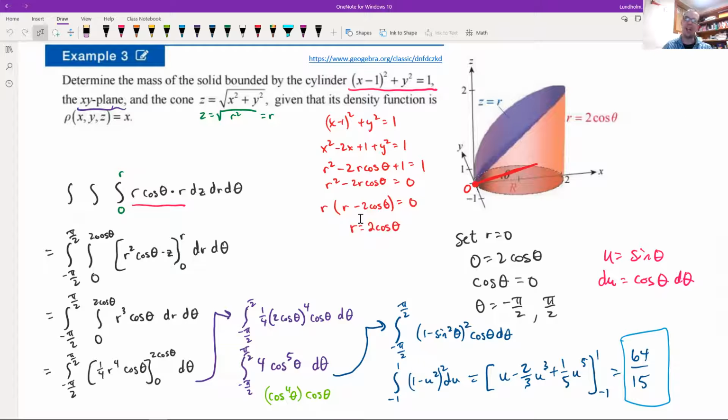And now we have r expressed as a function of theta, and that's the outer radius that we need to go to. So it was already written here. So hopefully we reach the same thing. Going back, label our middle integral now. We would be going from a radius of 0 to a radius of 2 cosine theta out to the edge of that circle.